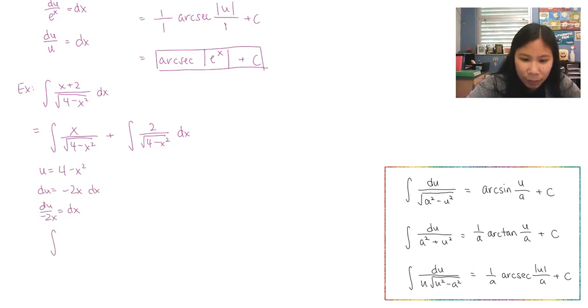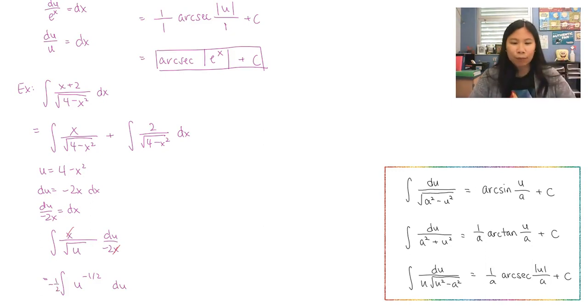Okay, so rewriting my first integral, I'm going to end up with x over the square root of u, and then instead of dx, it'll be du over negative 2x, which is great because the x will cancel out, leaving me with, I'm also going to rewrite this as u to the negative 1/2 power times du, and then that negative 2 that was on the bottom, I'll just write it as a negative 1/2 in front since it's a constant.